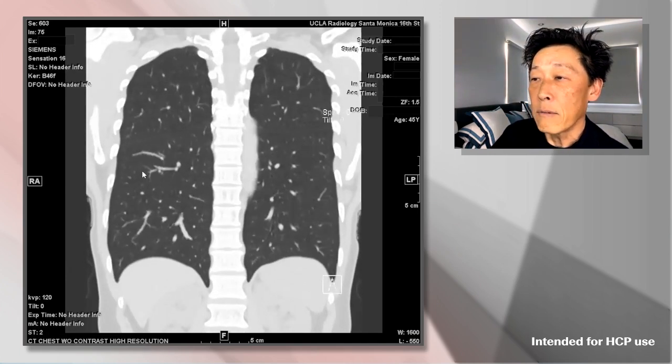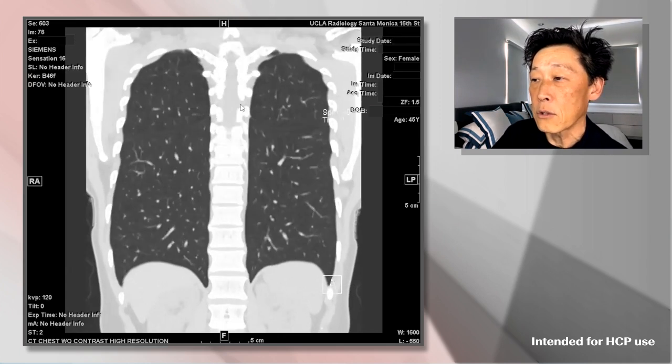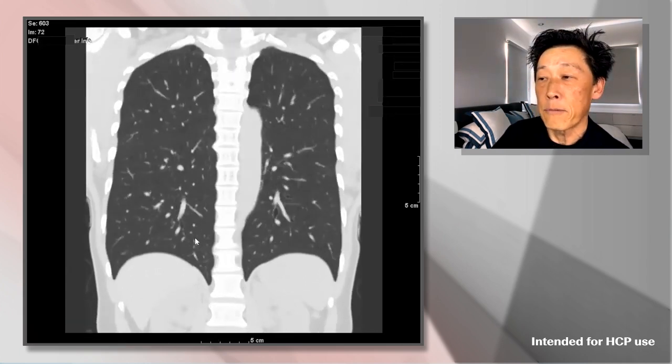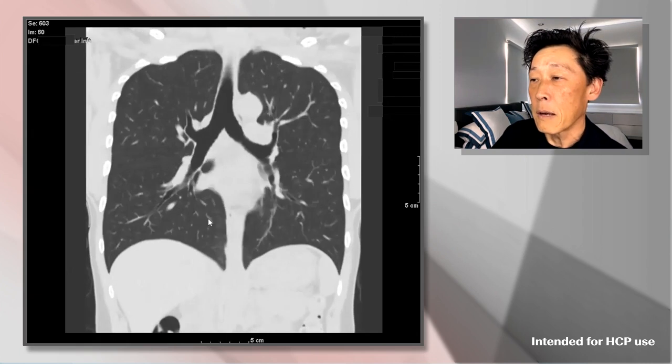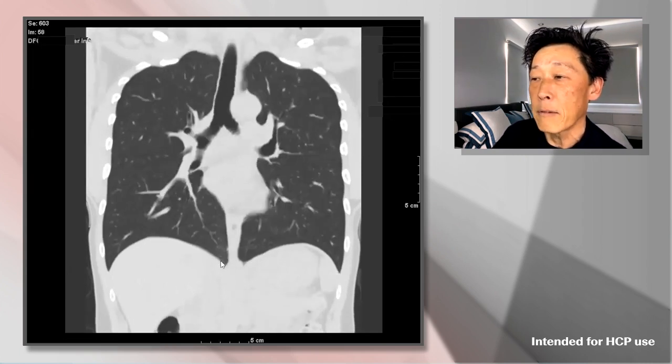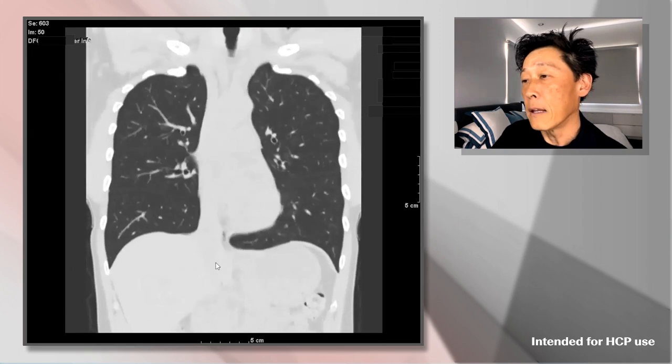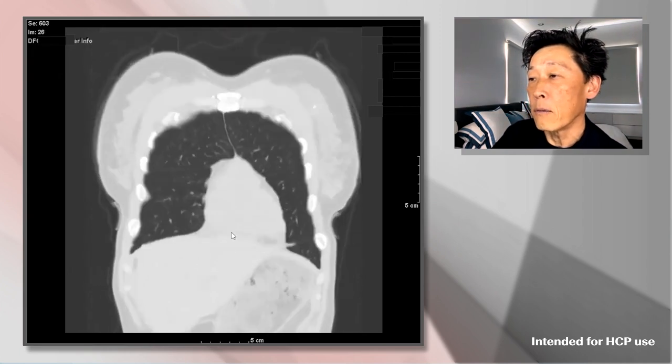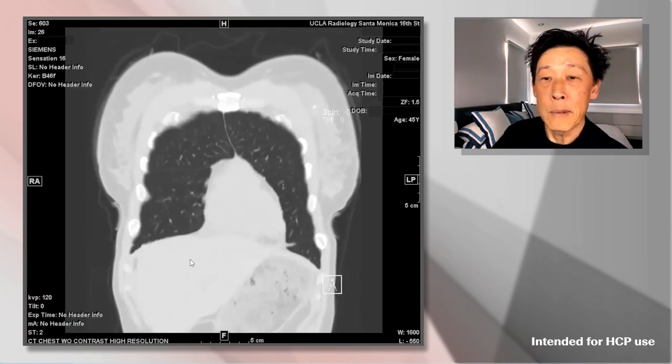Again, you can see very nicely that the lung density is pretty dark, as on the axial images, with the exception of blood vessels, and we see the small airways or these ring-like structures. This is the spine just for reference. And we're just kind of coming back out. This is the trachea branching into the right and left mainstem bronchi. And as we come anteriorly, we can see the manubrium and the sternum.